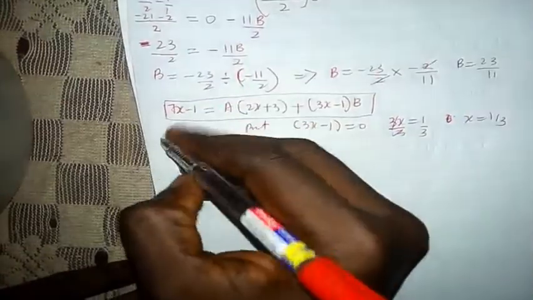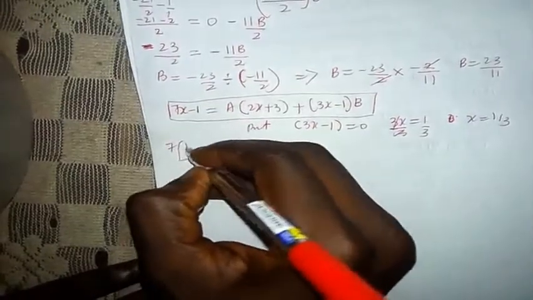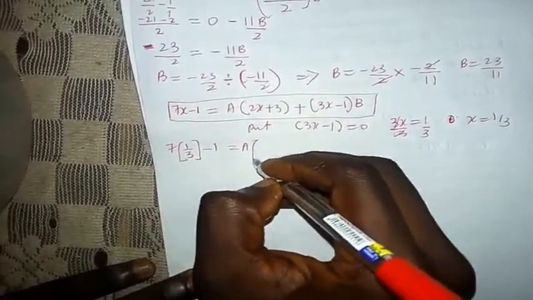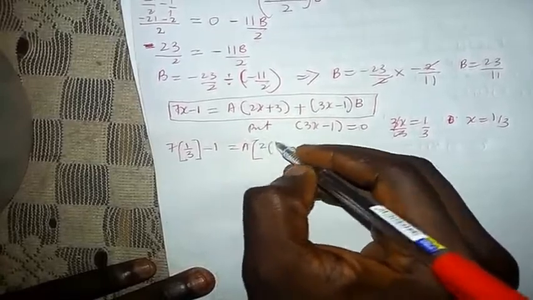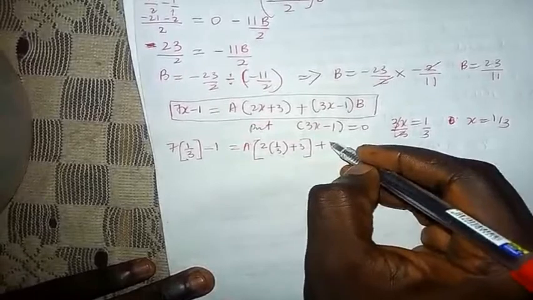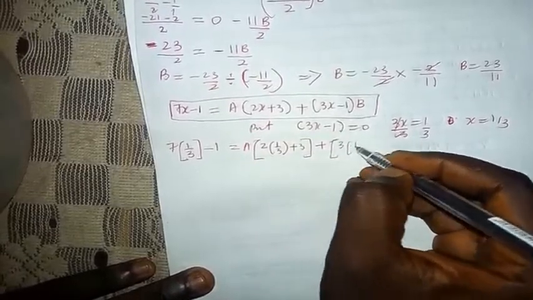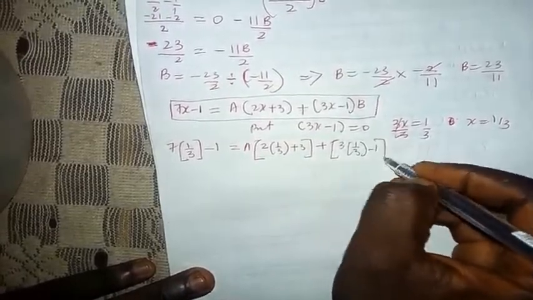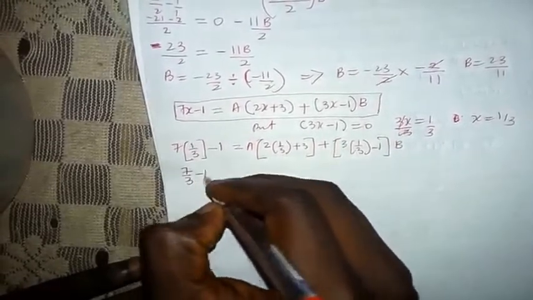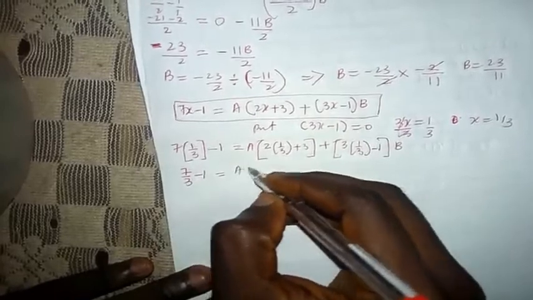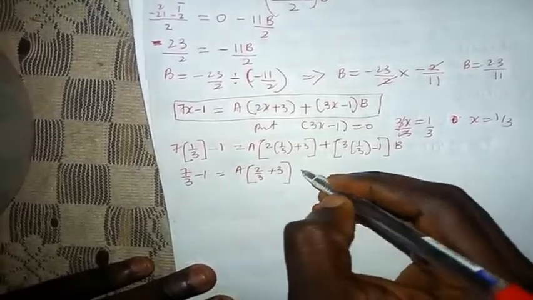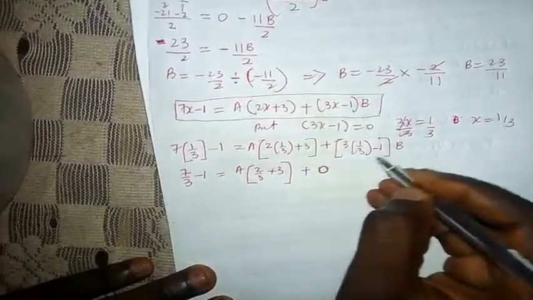So let's try it. 7 into 1 over 3 minus 1 is equal to a into 2 into 1 over 3 plus 3, plus 3 into 1 over 3 minus 1 times b. This will be 7 over 3 minus 1 is equal to a into 2 over 3 plus 3, plus 0, everything here will be 0.